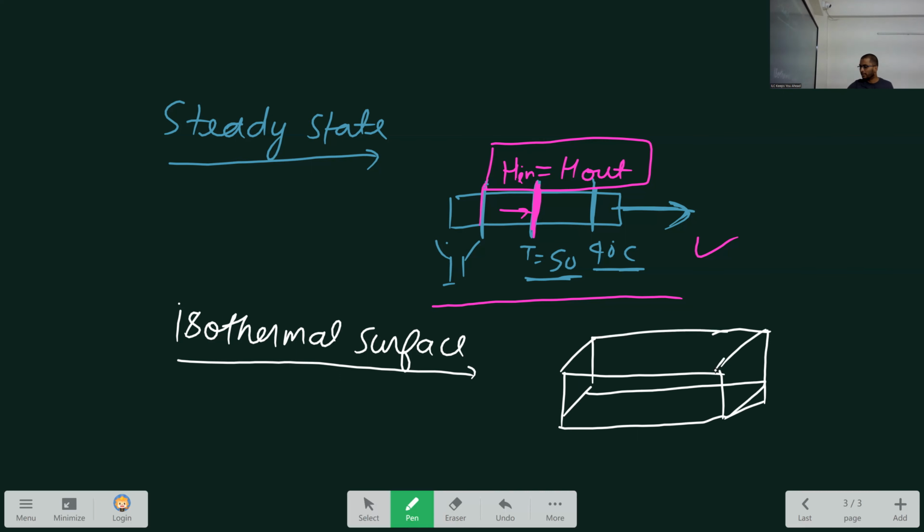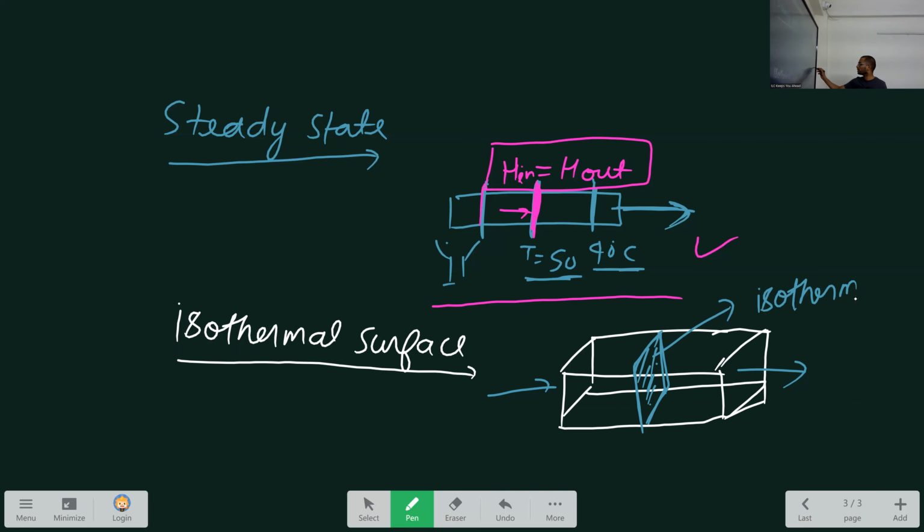Notice that heat is transferred from this end to the other. Perpendicular to the heat transfer there is a surface. You might notice that this is for a square cross section. On this surface, friends, the temperature at every point is the same, regardless of the position. This surface is called an isothermal surface.